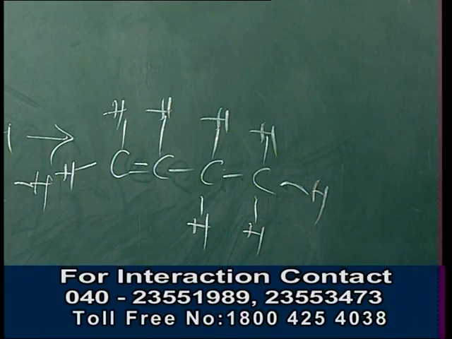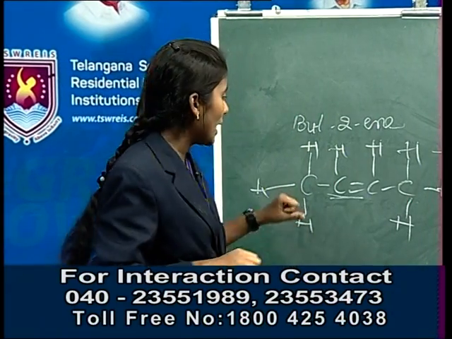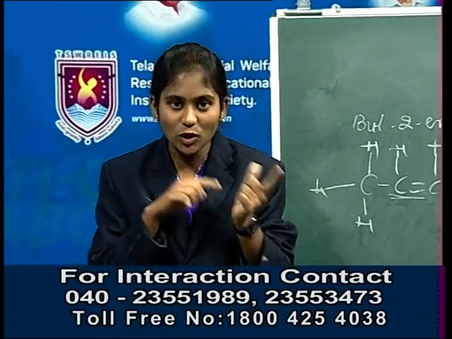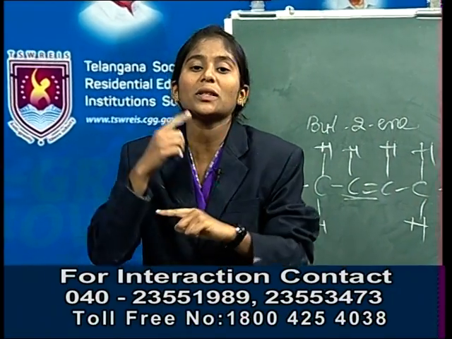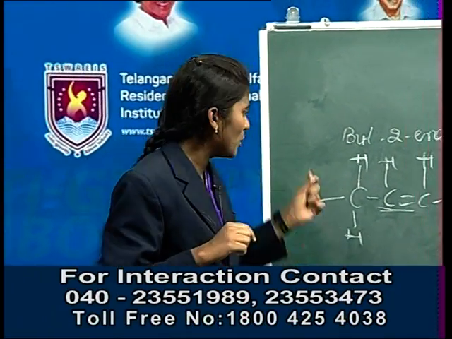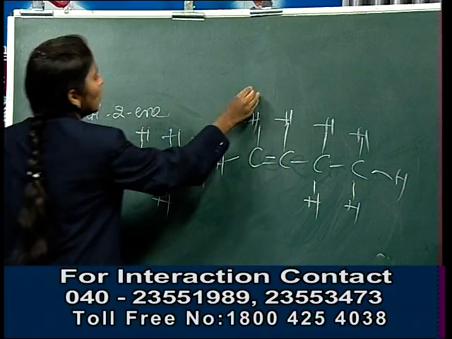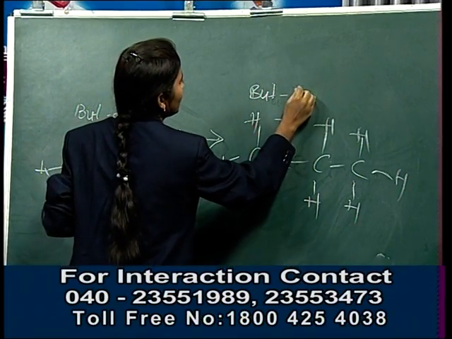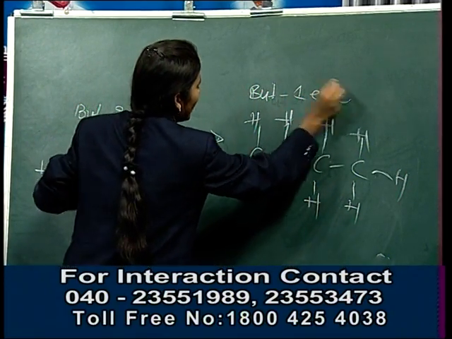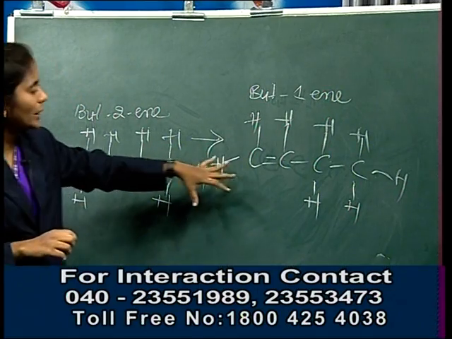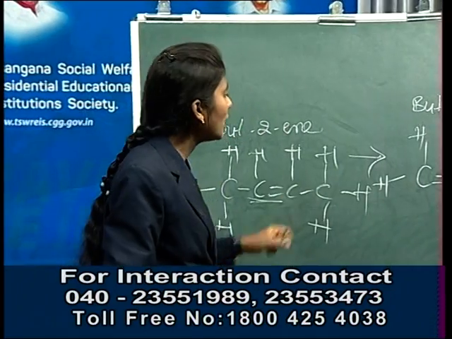Here position isomerism is also important and it refers to the position of the double bond changing, but the molecular formula is still the same. What? But-2-ene converts to but-1-ene. So here we can put the double bond in front of the first carbon, that's why we call it but-1-ene.